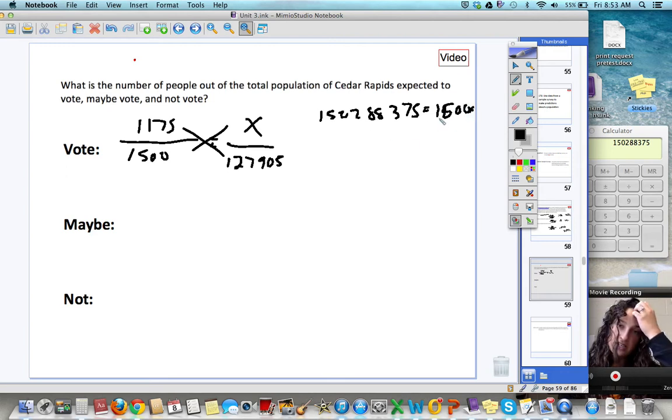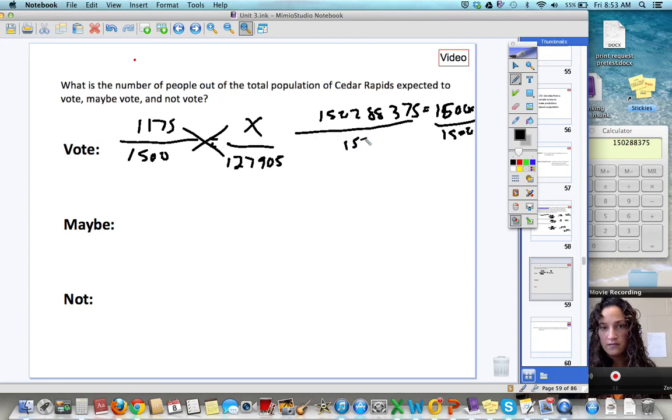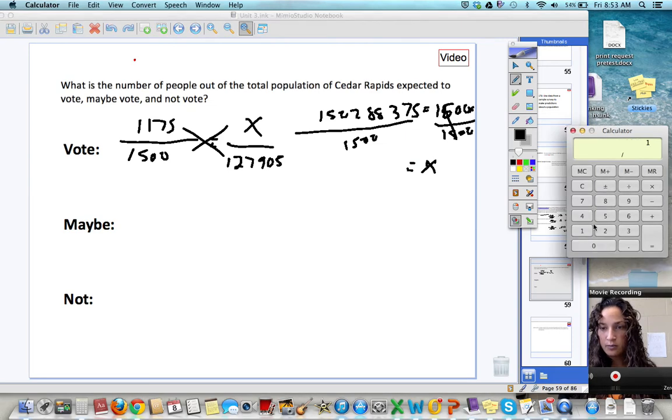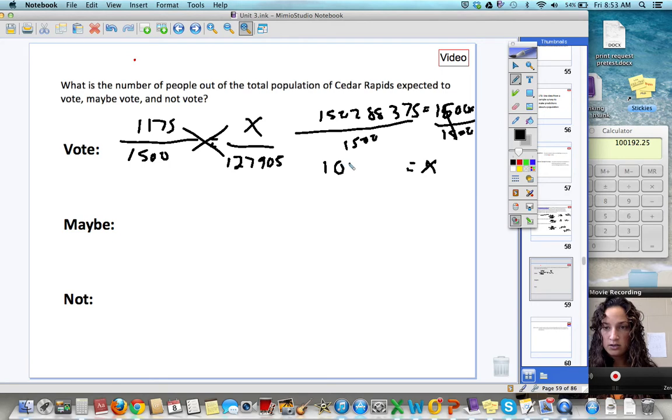So now when we want to solve for x, we just divide. Right? This is from way in the beginning of the year. These will cancel, and we'll get x. So I take this number, I divide it by 1500. And so we'll get 100,192.25. So this many people, this is what we're assuming, out of the total population, this many people is what we're assuming will vote.